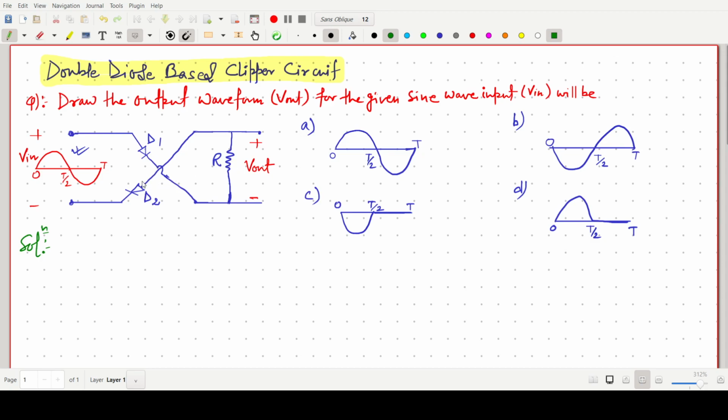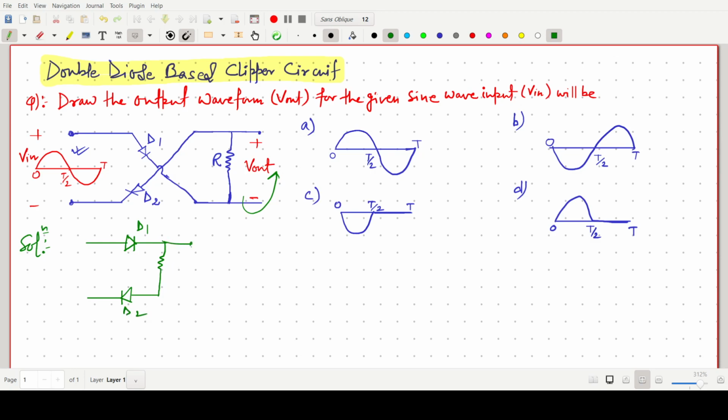There is some cross connection like this, but we can easily modify this circuit by tilting this wire upside. If we redraw the circuit, this resistance goes up, then this diode. This one is D1, D2.